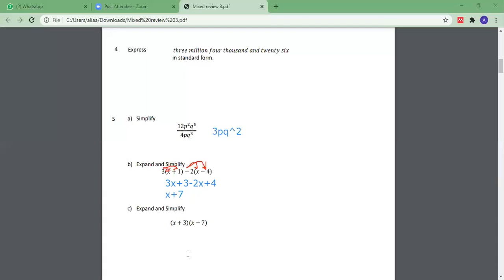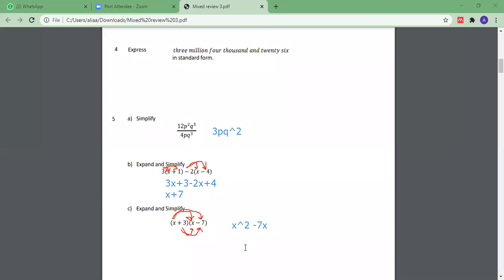As we know, I multiply the first term by the bracket, x multiply x, and then x multiply -7. First of all I will write the answer. X multiply x will be x power 2, x multiply -7 will be -7x, and next step I will multiply 3 by x, and then 3 by -7.